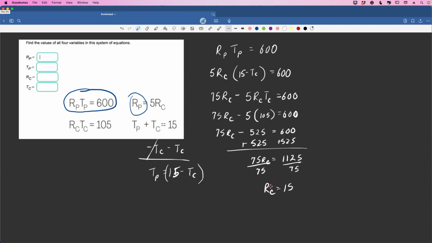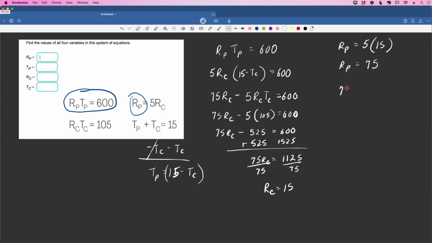All right, so now that we know what RC is, RP is 5 times RC. So RP, 5 times 15, is equal to 75. So there's RP and there's RC. So now from this, let's see if we can find TP.